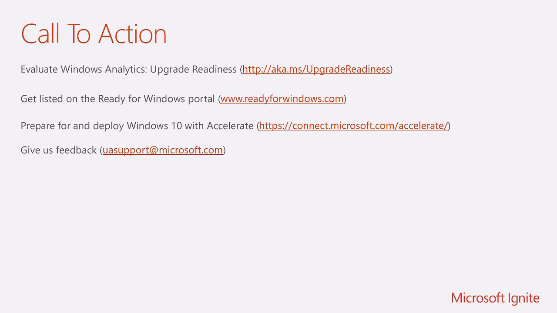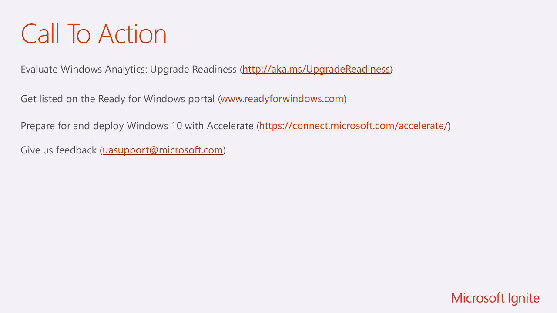So our little call to action here, we want you to evaluate upgrade readiness. Give it a shot. You'll see we have this link up here, aka.ms/upgrade readiness. That will actually take you to the point where you're able to add the solution to your workspace. And if you don't have an OMS workspace, you can create one. It's important to point out that upgrade readiness and update compliance are both free solutions.